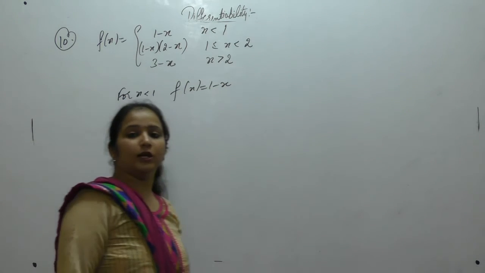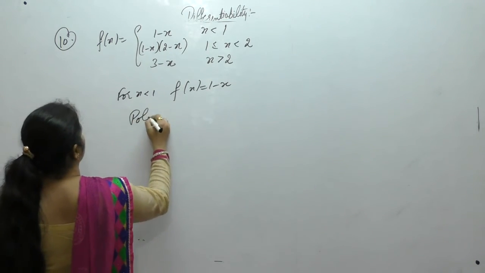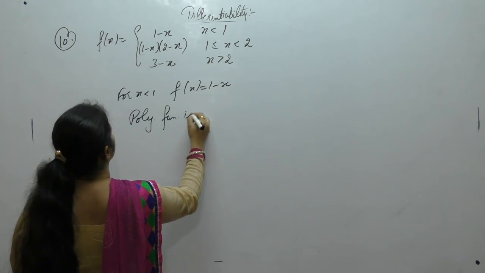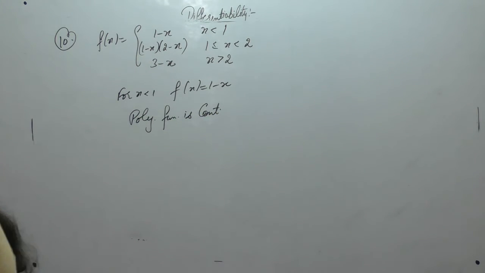We know that a polynomial function is continuous everywhere. Polynomial function is continuous and differentiable.